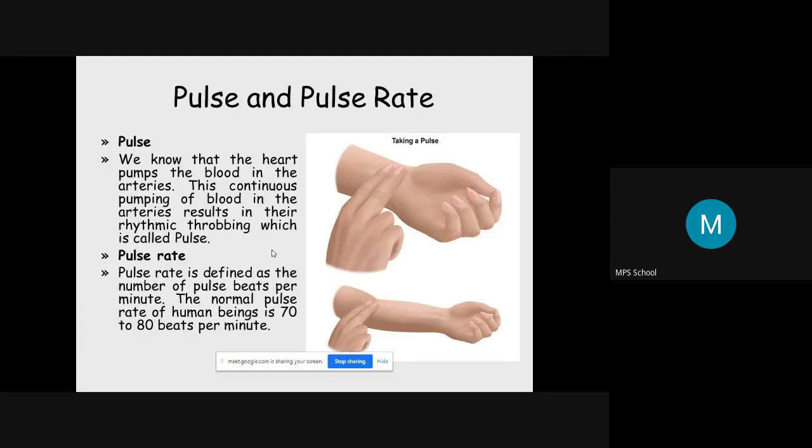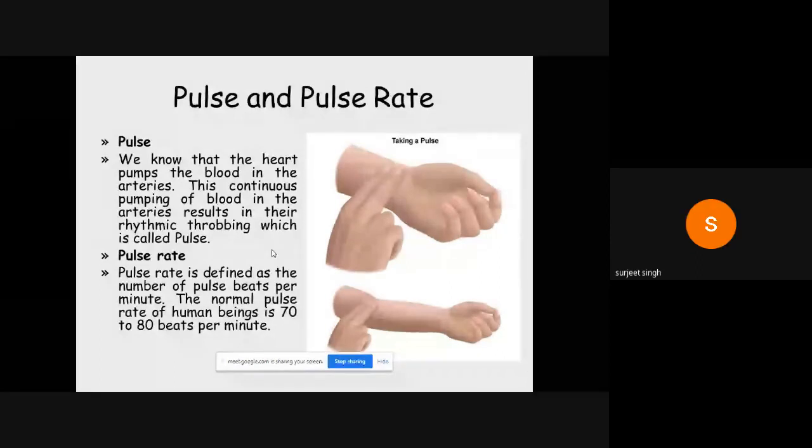When you go to the hospital, the doctor checks the pulse rate by holding your wrist. Sir, it is from the arteries that we find out our pulse rate, right? Yes. So what is the pulse? How many times the heart pumps blood in the arteries.